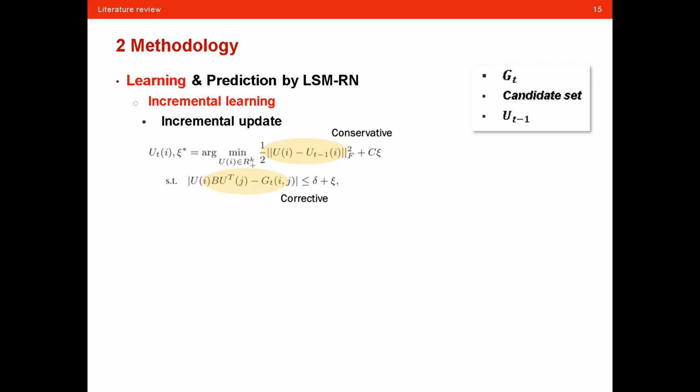On the stage of incremental update, we focus on the vertices in the candidate set, and the optimization problem consists of two parts. The first part requires conservativeness, which indicates that the update should not be too far away from the last state, since the transformation of traffic state is limited temporally.